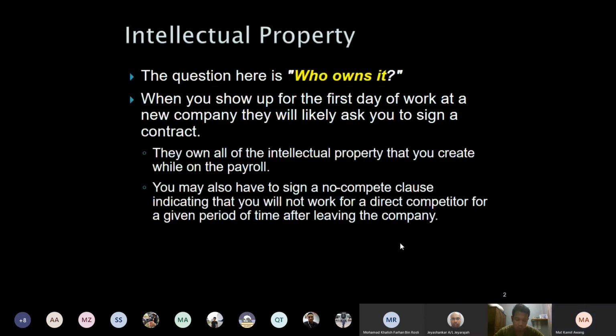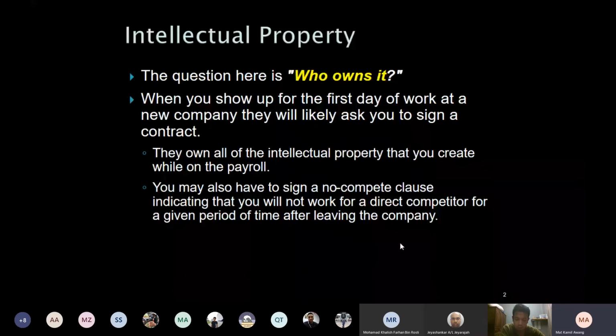Intellectual property. What is intellectual property? Intellectual property is an intangible asset with regard to the ownership of ideas, and of the outcome from those ideas.